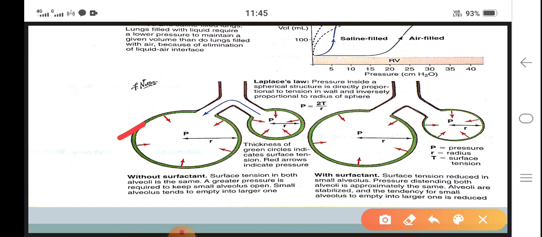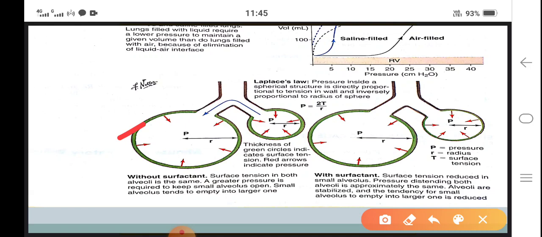Regional variation of the compliance and effect of gravity. The basal region of the lungs is gravity dependent and receives more ventilation as compared to the upper region of the lungs. The basal region has a less negative intrapleural pressure as compared to the upper region due to gravity and the weight of the lungs.